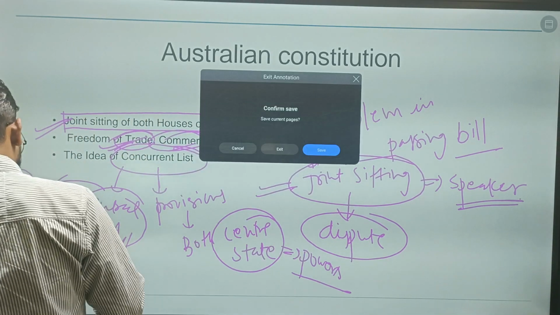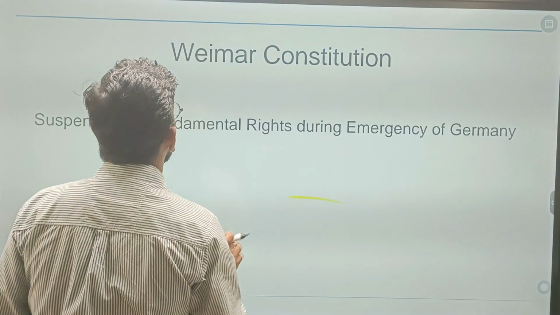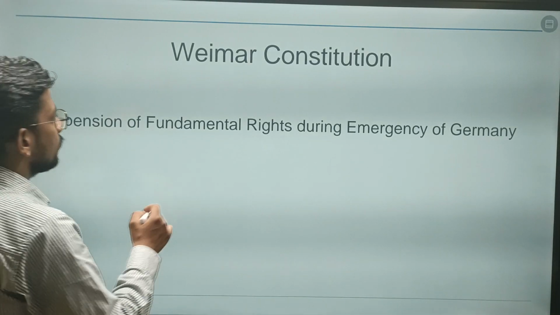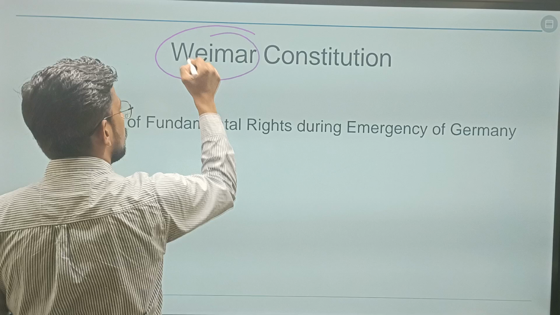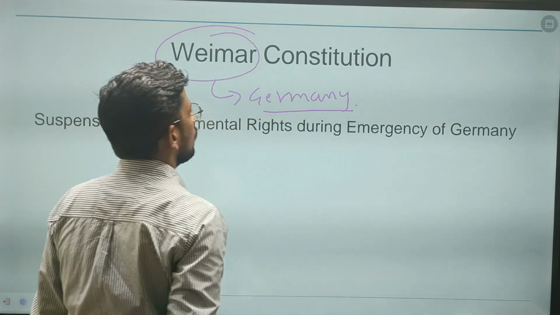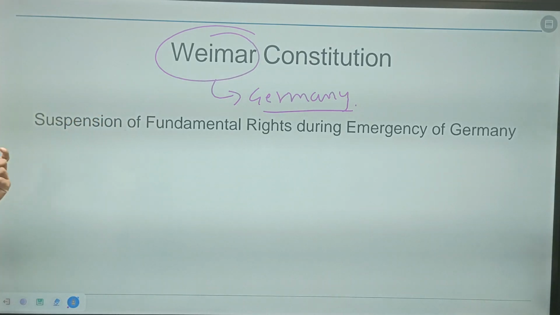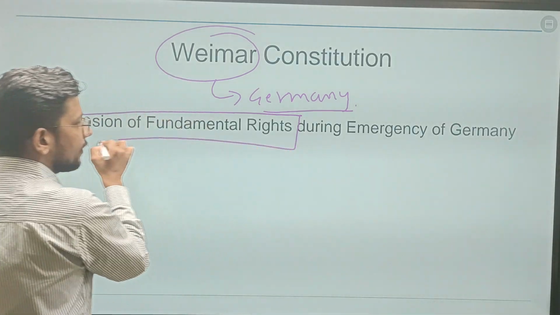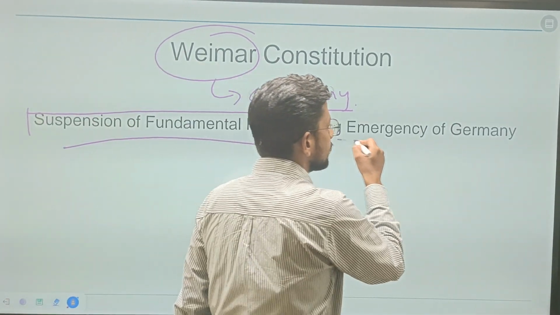Now let us see more features. The Weimar Constitution. Weimar is none other than Germany, earlier known as Weimar. From the Weimar Constitution we have taken the provision of suspension of fundamental rights in case of emergency.